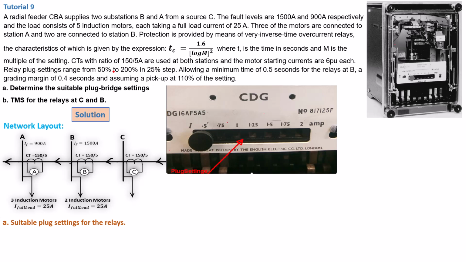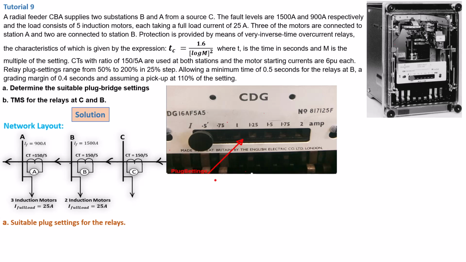Now here they've said that the plug settings will be ranging from 50% to 200% in steps of 25. When you look at the physical device, you can see it starting from 0.5 and moving in steps of 0.25, all the way to 2. That's basically the 200%.